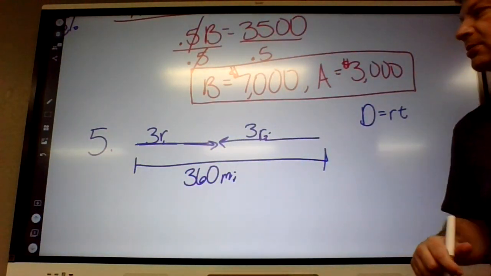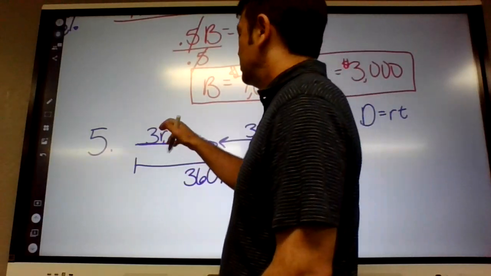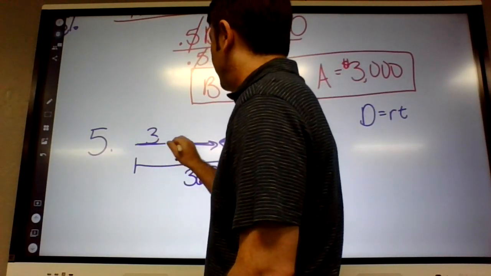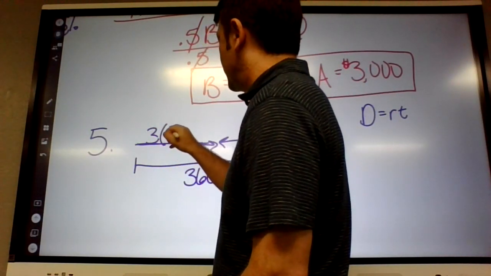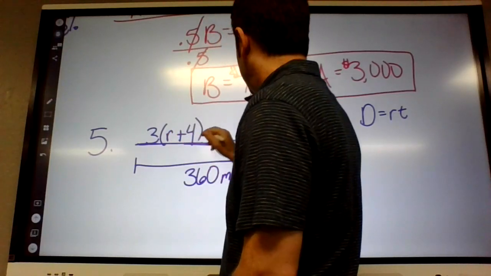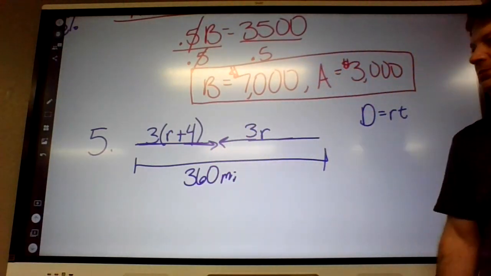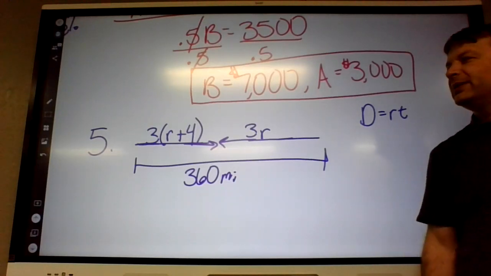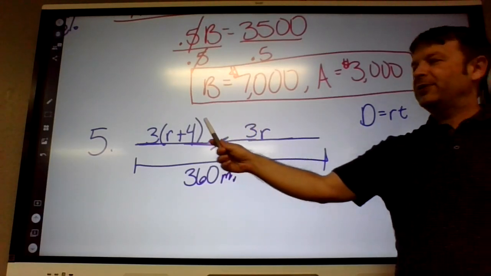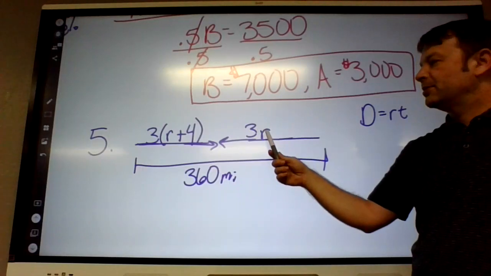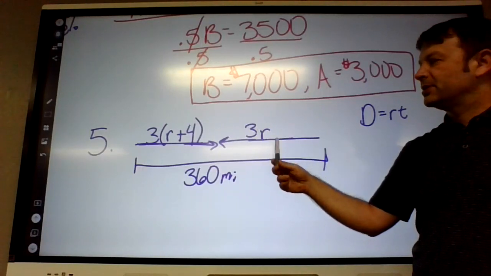So it'd be R plus 4, in parentheses. The first car is going 4 faster, so we could call its rate R plus 4 if we call the other car's rate R. Now, if we call the fast car's rate R, we could have called this one R minus 4. That would have worked also.